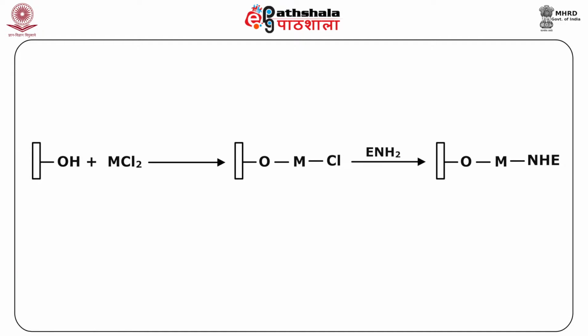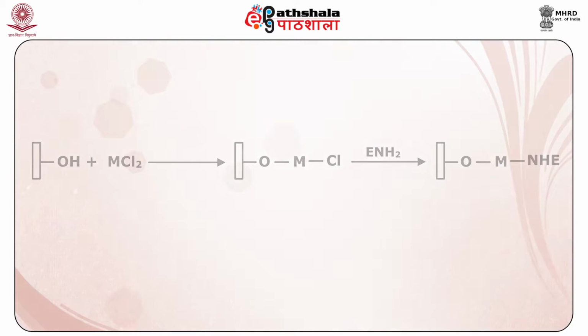The different metal salts commonly used are titanium tetrachloride, titanium trichloride, tin tetrachloride, zinc tetrachloride, vanadium trichloride, iron dichloride and iron trichloride. The reaction on your screen shows you an example of immobilization of an enzyme using metal salts.